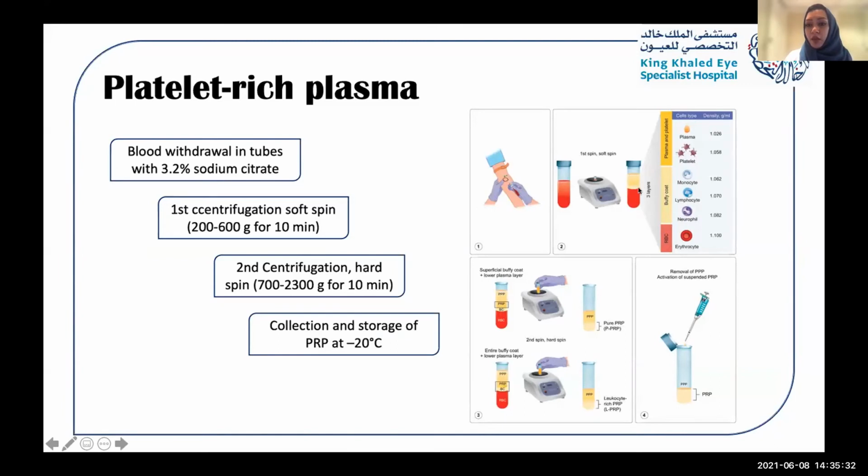They take only the upper part, the supernatant, and centrifuge it a second time with a higher speed, and they come up with platelet-rich plasma. And again, this is stored at -20 degrees Celsius.